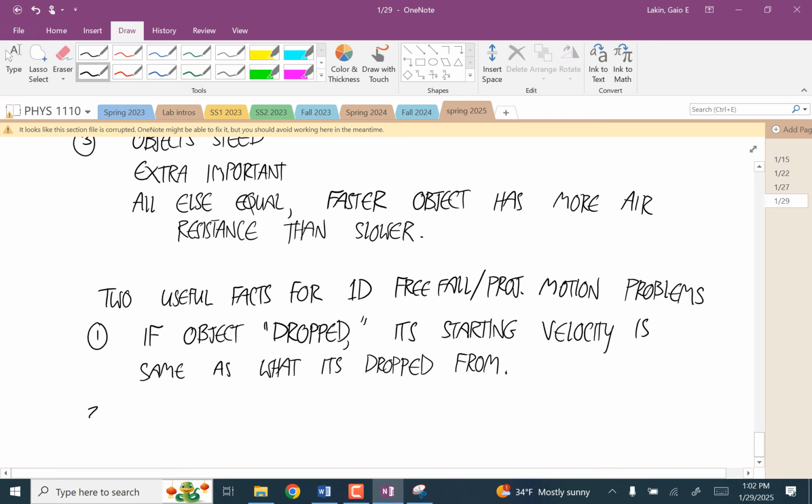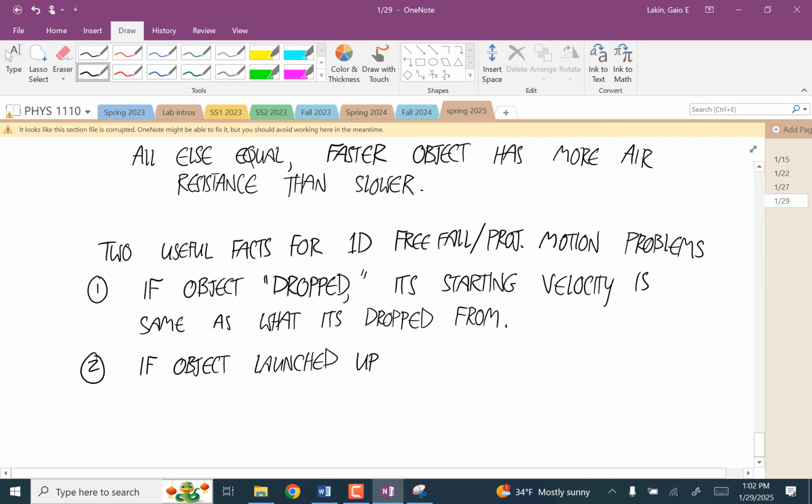And the second one is if the object is launched up or thrown up, when it reaches the highest point in its flight, the velocity is zero.